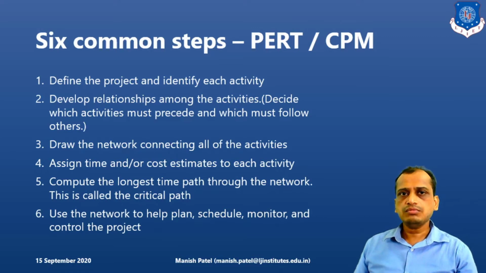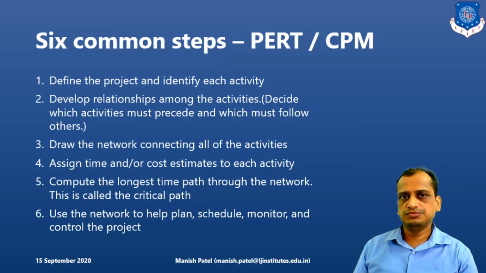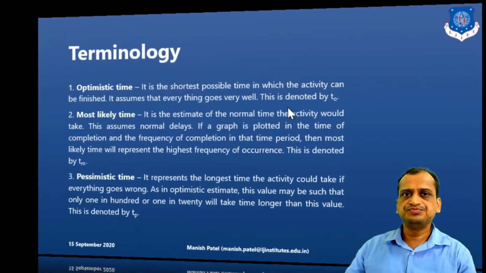Once we build the network diagram, we put in the time estimates and then try to find the critical path. In the case of PERT, we estimate the completion time because we don't have the precise time beforehand. Finally, with the help of these time estimates, we can plan accordingly for the project. These are common steps we already discussed in CPM as well.